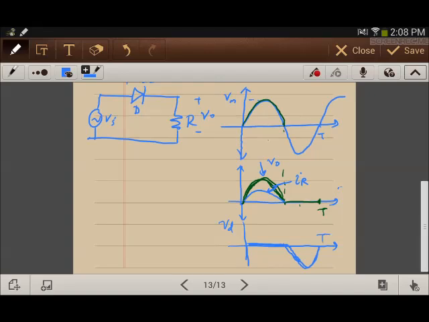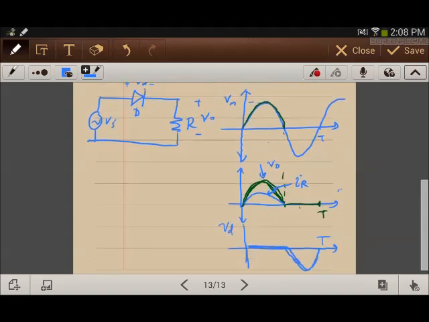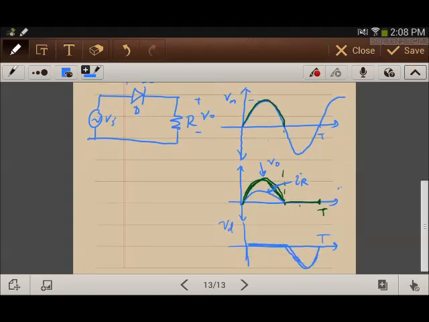So now we need to calculate the amount of power transferred to the resistor, and to measure also the power factor and the total harmonic distortion and other things.